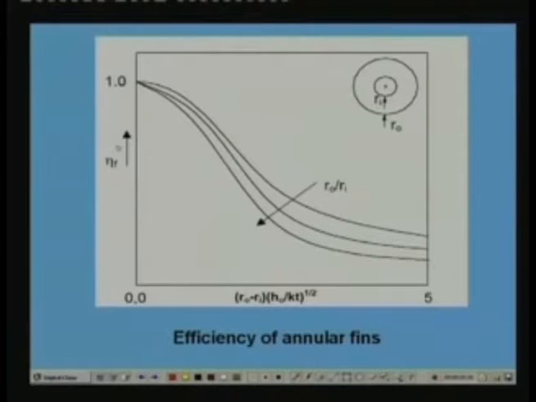On the y axis we have the efficiency, and on the x axis we have the parameter (r naught minus ri) into (h naught divided by kt) to the power of 1 by 2. This is plotted for different r naught by ri ratios, and is obtained analytically. In this x axis expression, h naught is the convective heat transfer coefficient on the fin surface, k is the thermal conductivity of the fin material, and t is the thickness of the fin.